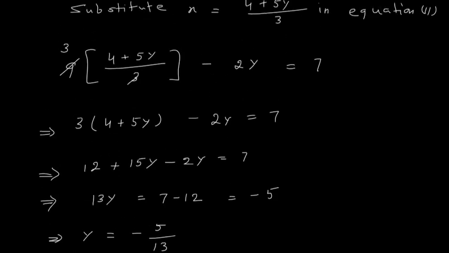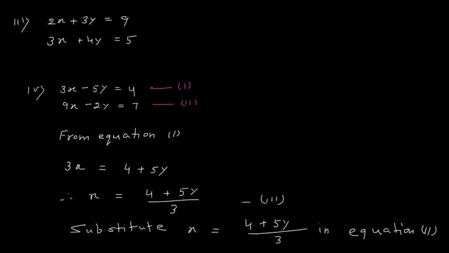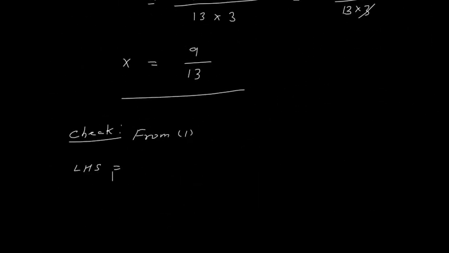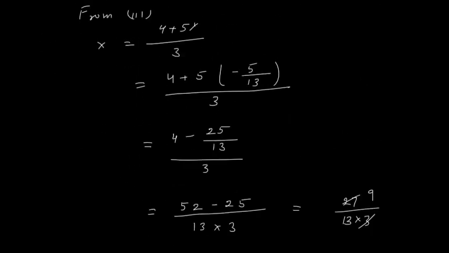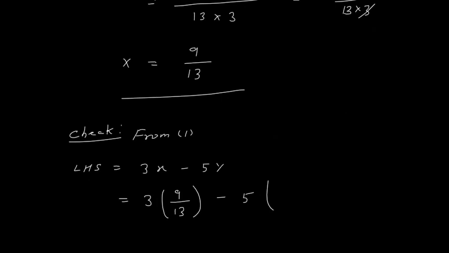Equation 1 is 3x minus 5y. So this 3x minus 5y will become 3 into 9 upon 13 minus 5 into y, and y is minus 5 upon 13.